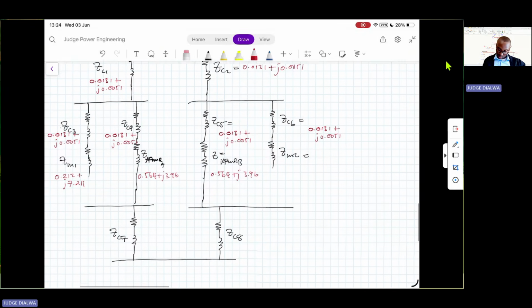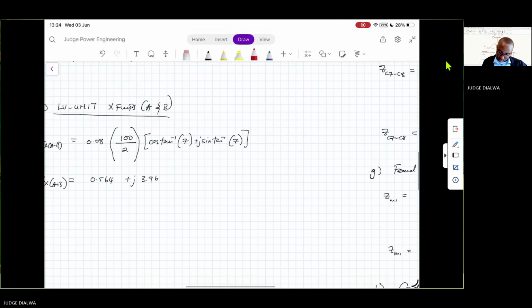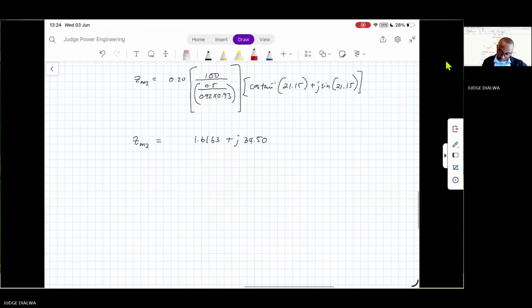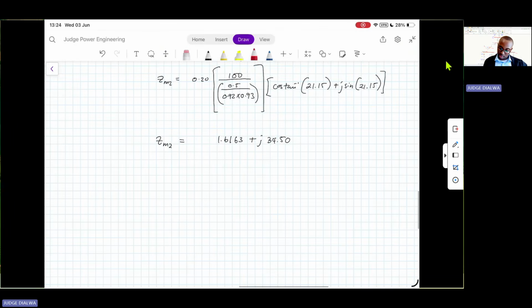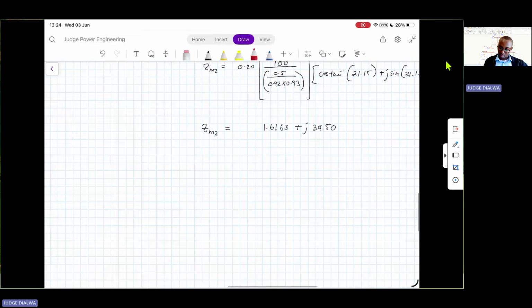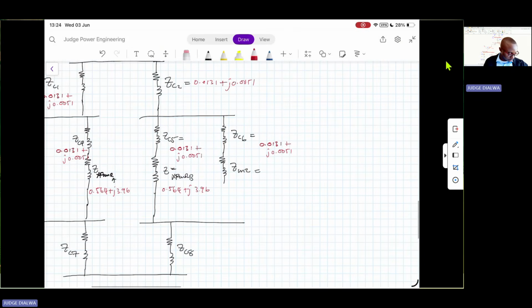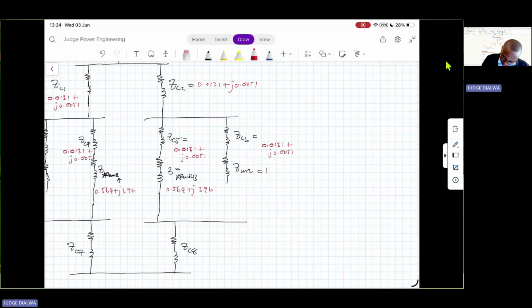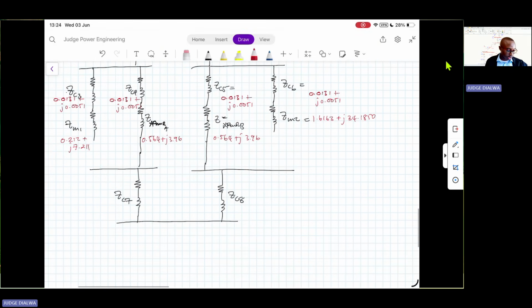Now lastly, we have motor 2, our condensate pump, and we calculated its impedance to be 1.6163 plus J 34.1850. And then lastly, we have our cables 7 and 8.